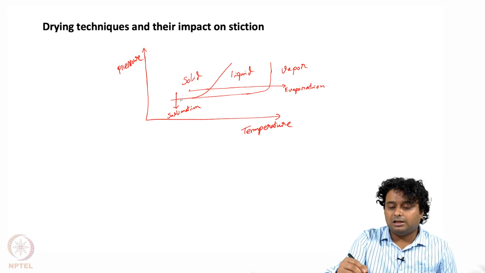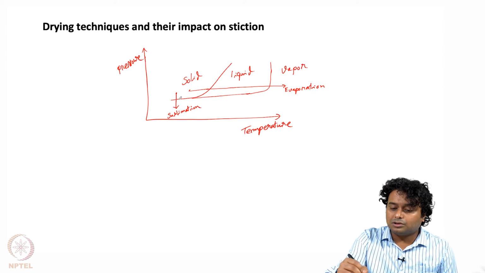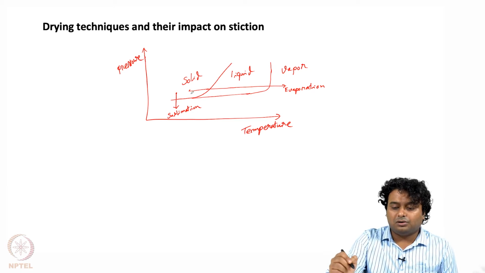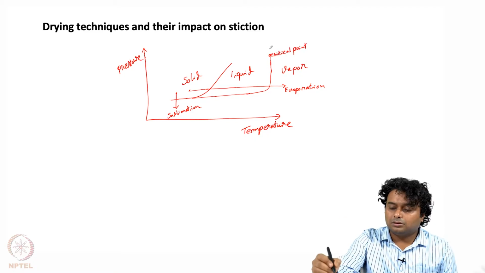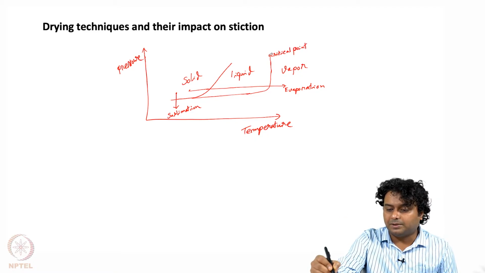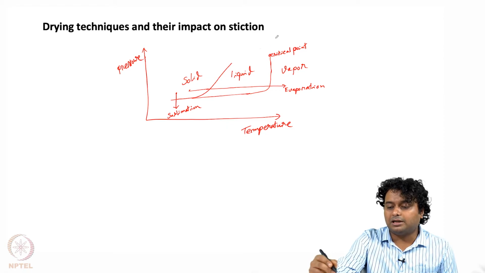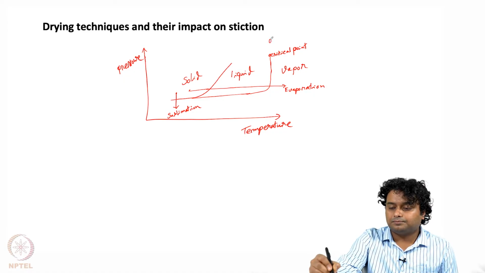So there is no formation of liquid or liquid droplet, or no surface tension at the liquid-air interface. So stiction will not happen there. There is a certain pressure and temperature above which the fluid can be considered as gas.